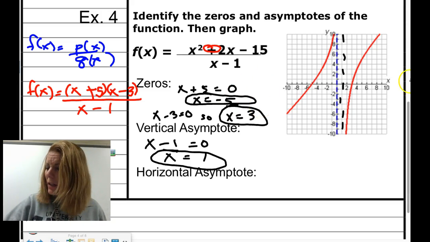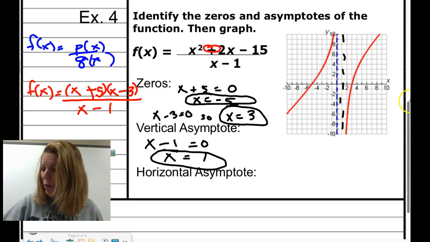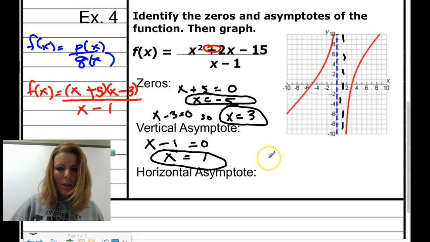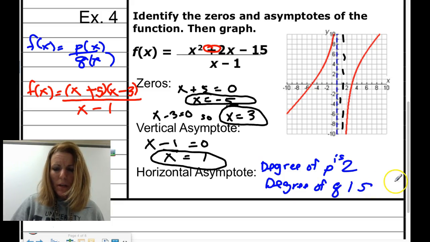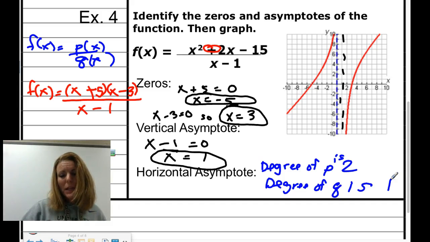So the horizontal asymptote, let's change colors. Let's go to blue. There we go. I'm going to look at the degree of P. That is 2. And the degree of Q is 1. Oh, it's going to be another one like the last one, but that's all right.